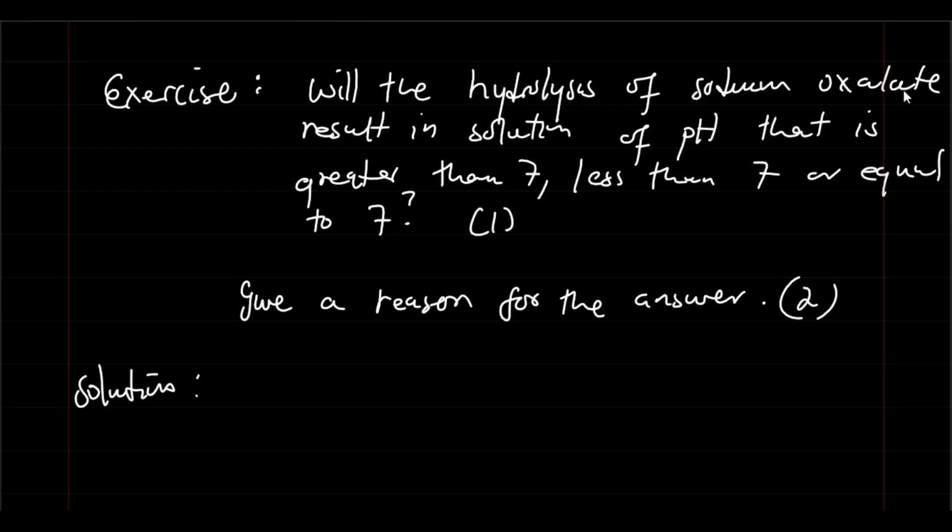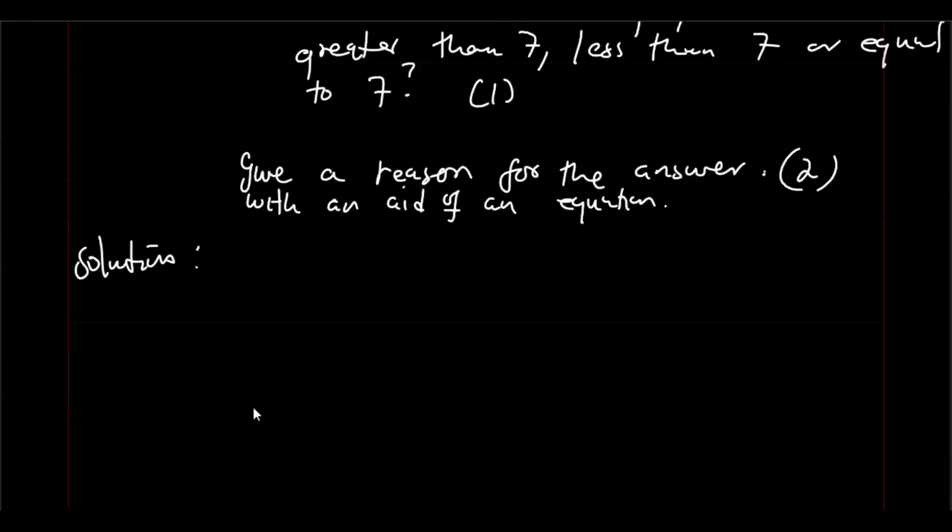So now here we can tell that, oh, here I didn't give a reason for the answer with the aid of an equation. Yes, this is the full equation. So now what do you do?